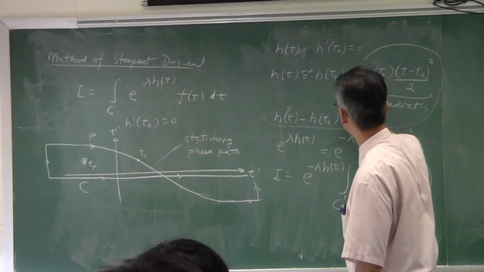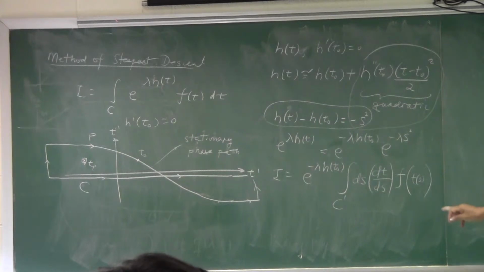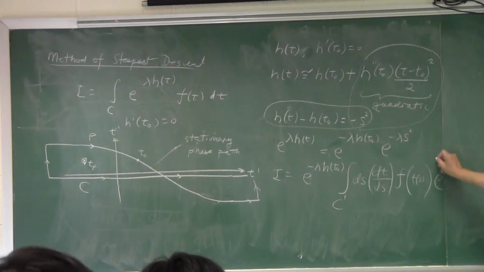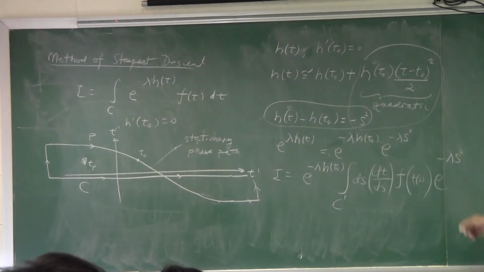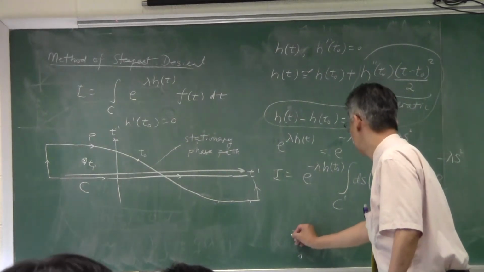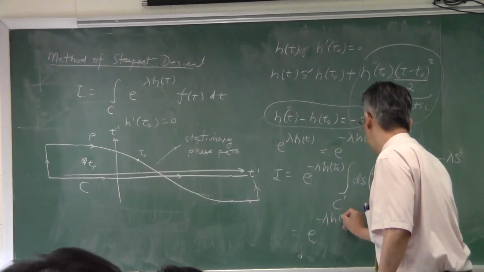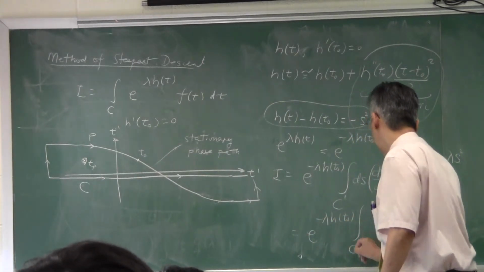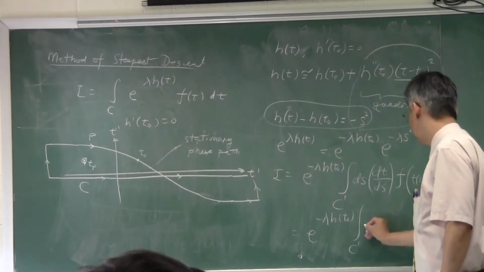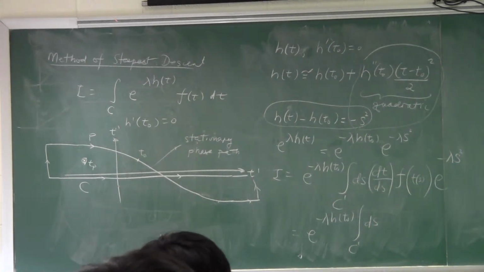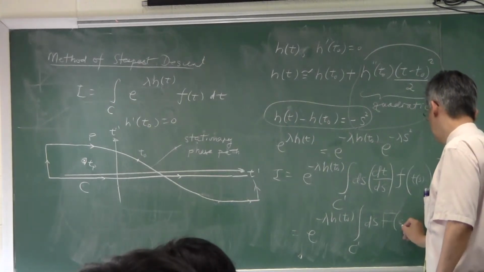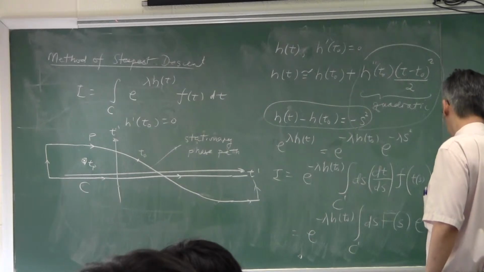Okay, t is a function of s, so my f becomes a function of s in this manner. And I can rewrite this as e to the lambda h(t naught), a new contour that I do not know as yet what it should be. Okay? And then let me call this just f of s, e to the minus lambda s squared.